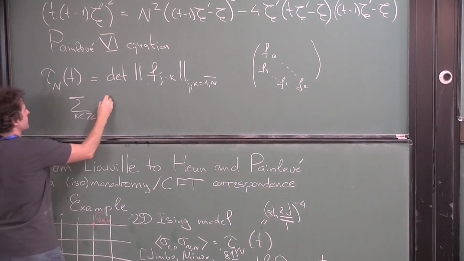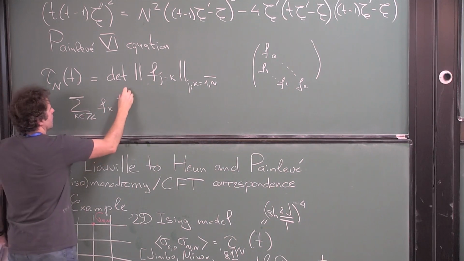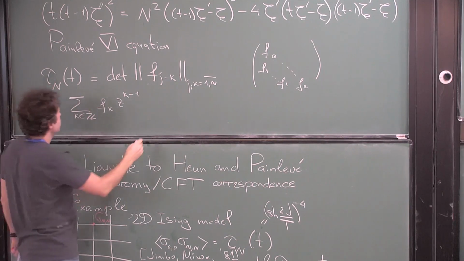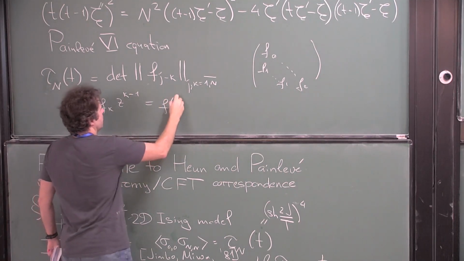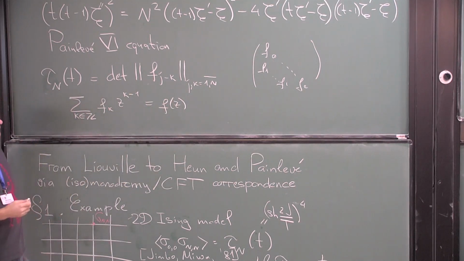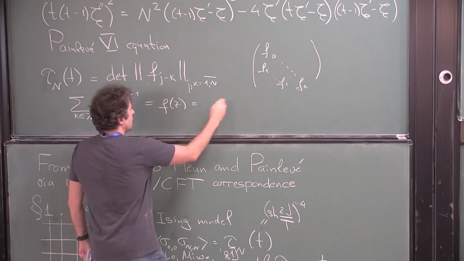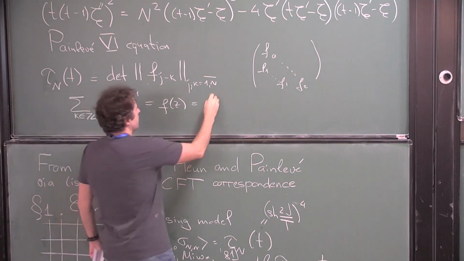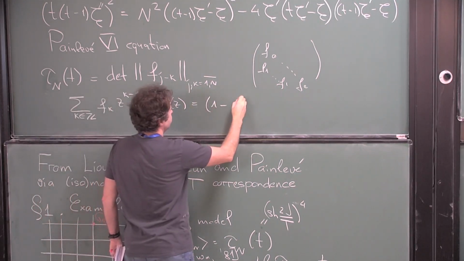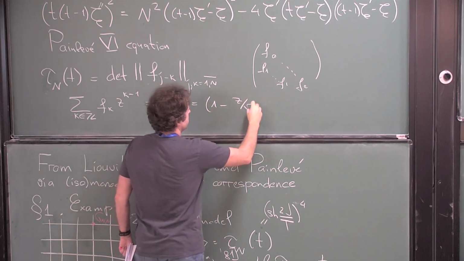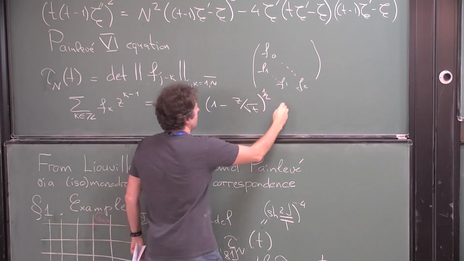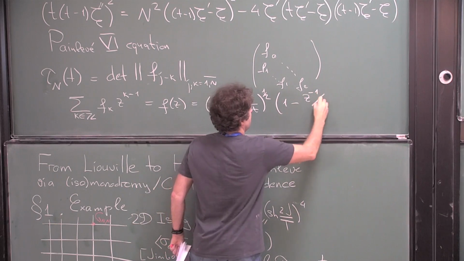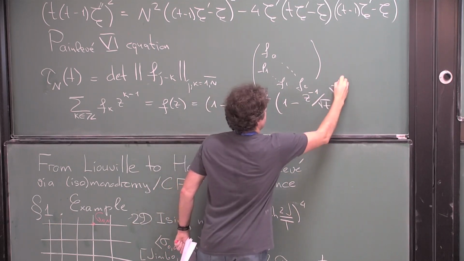And the f_k's are the Laurent coefficients of the expansion of a particular function f, which is called the symbol, which in this case, relevant to the Ising model, is given by (1 - z/sqrt(t)) to the power 1/2 times (1 - z^{-1}/sqrt(t)) to the power -1/2.